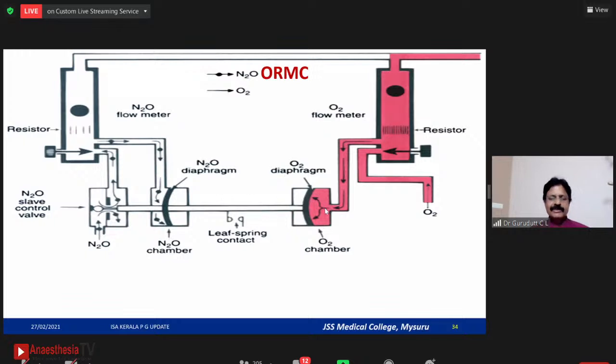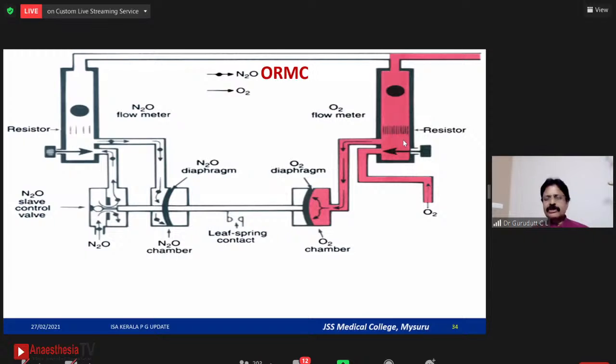Because of the oxygen flow and the back pressure, the shaft is pushed towards the left side, where we have a nitrous oxide slave control valve. Once the shaft is pushed, the nitrous oxide slave control valve opens, and nitrous oxide can flow into the nitrous oxide flow meter.